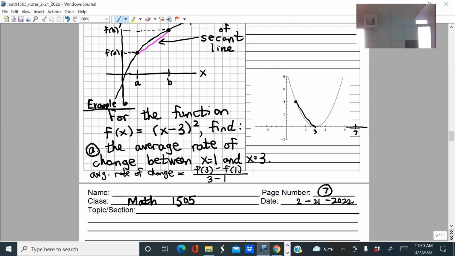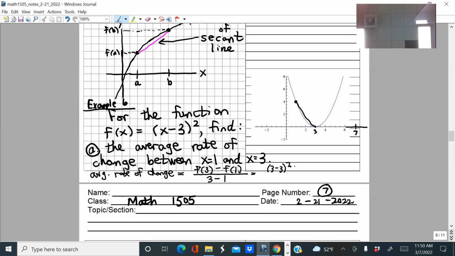What is f of 3? It looks like f of 3 is 0. But if you want to be sure of that, you can plug it into your formula. So you would have 3 minus 3 squared, which turns out to be 0.